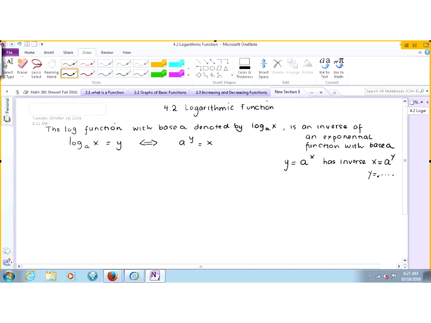So this is where the log came from. So the dot dot dot portion here is log base a of x. Yeah, so this is where we introduce the notation of logs. Okay, so these two are equivalent. That's what we wrote here.